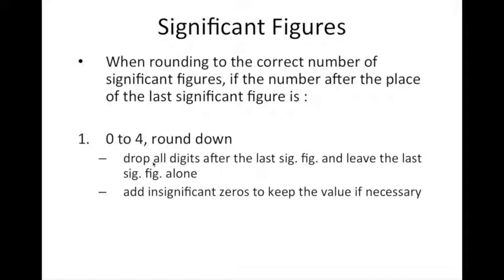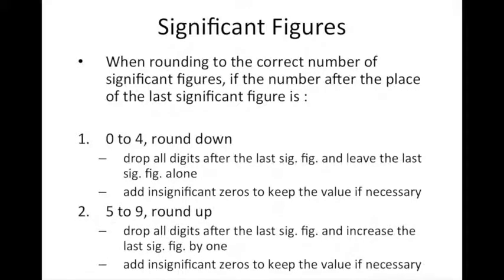So you drop all the digits after the last significant figure and leave the significant figure alone. You add any insignificant zeros to keep the value the same. If the number is 5 to 9, then we round up. We drop the digits after the last significant digit and increase the last significant digit by 1. We add, of course, any zeros you need to keep the value the same.